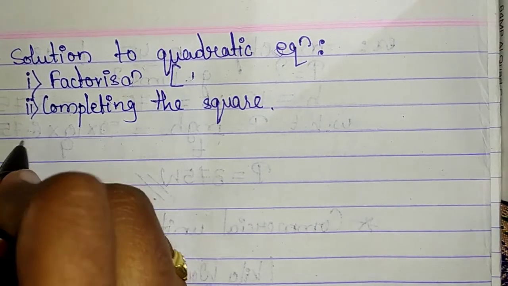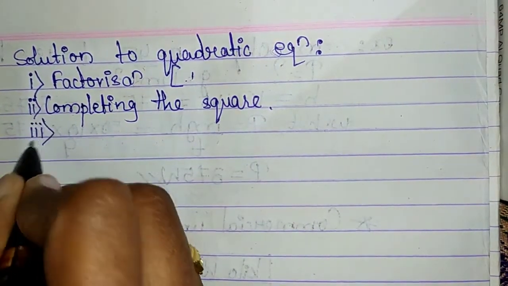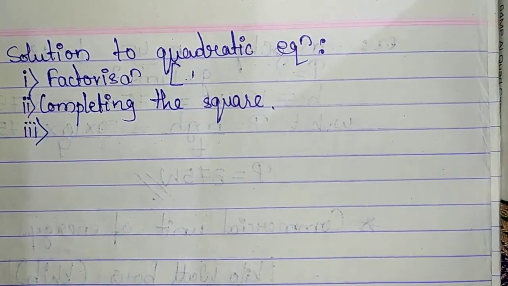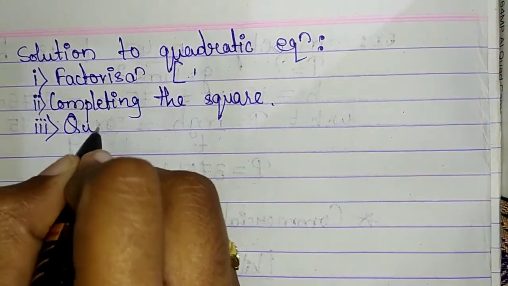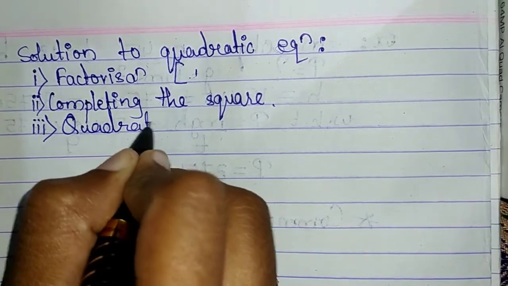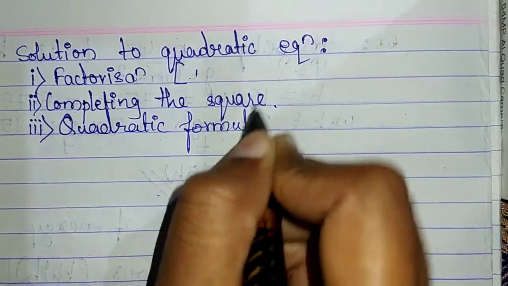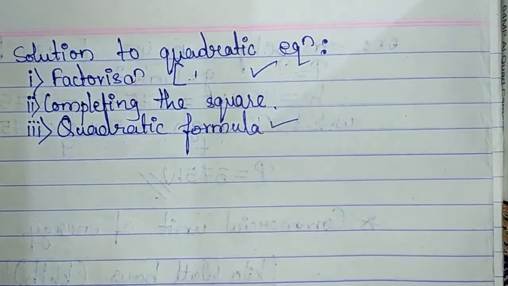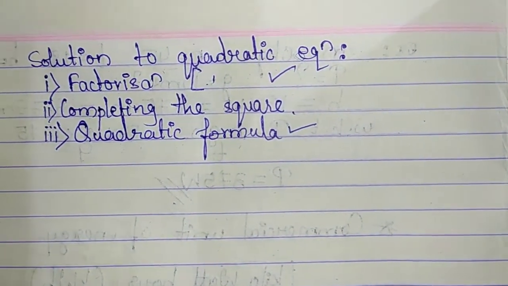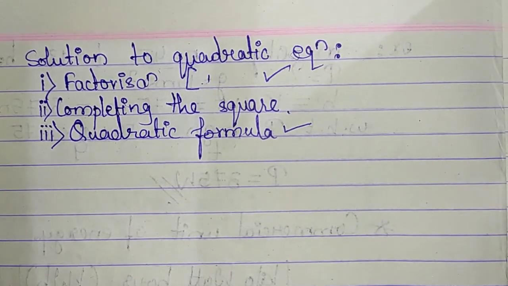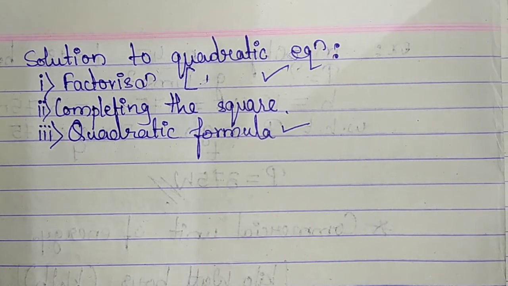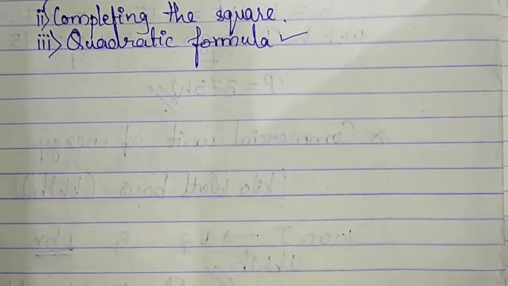And the last method is by using the quadratic formula. Out of these three methods, we'll be learning only the first and the third, that is, solving quadratic equations by factorization and by using the quadratic formula.